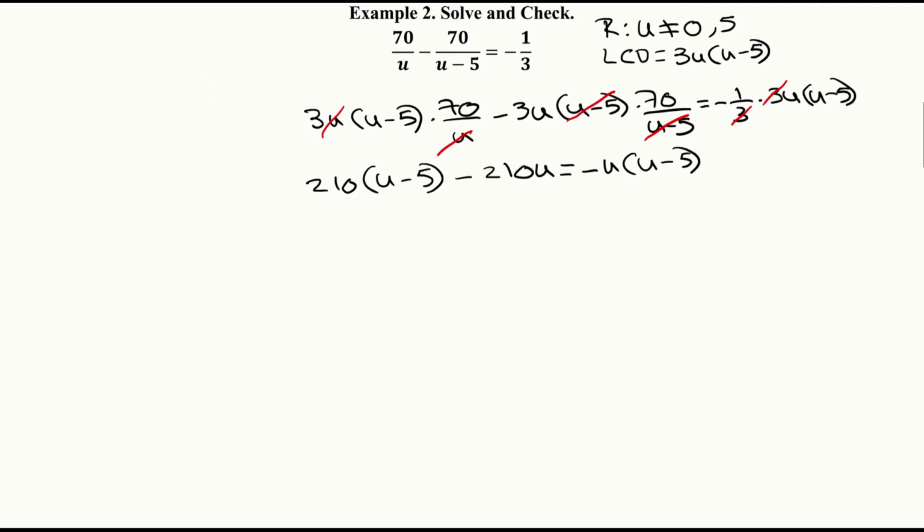So we'll go ahead and distribute the 210 now, and we'll get 210u minus 5 times 200 is 1,000, and 5 times 10 is 50, so we get 1,050 minus 210u equals, now we're going to distribute the negative u on the other side, so we get negative u squared plus 5u.